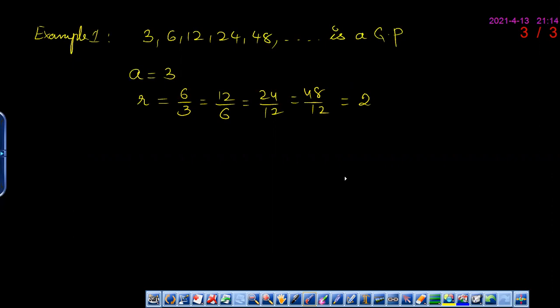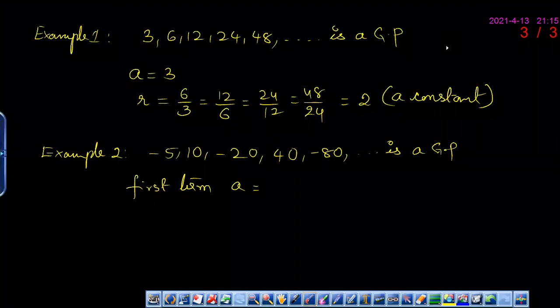In all the cases you get 2, which is a constant. So this is how you need to find the common ratio for the given series which is in GP.